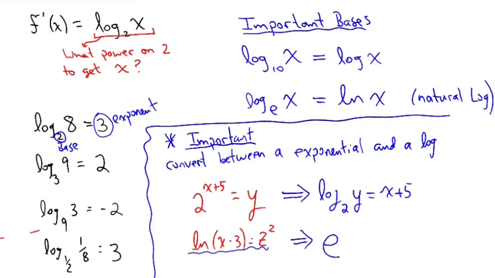The exponent. When you say log base 3 of 9 is equal to 2, what does the 2 represent? The exponent. What's the exponent here? Z squared is whatever's on the other side of the equation. So here you have to put z squared is equal to what's left over? X minus 3.